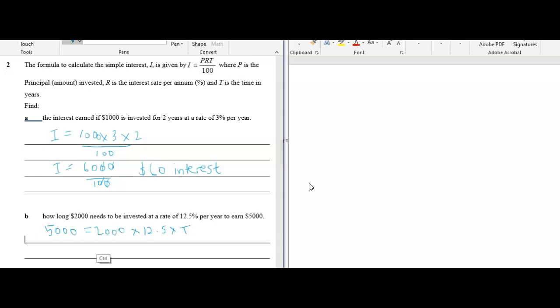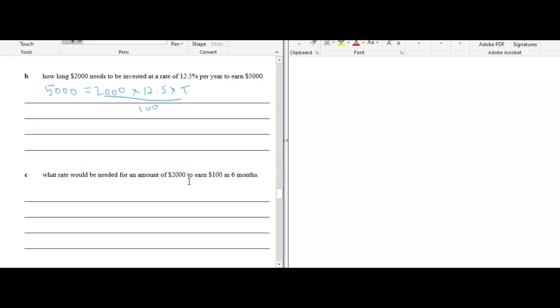And that's all over 100. Okay, so you can do solve on your calculator, or you can do this by hand. So we're going to multiply both sides by 100. So that disappears.